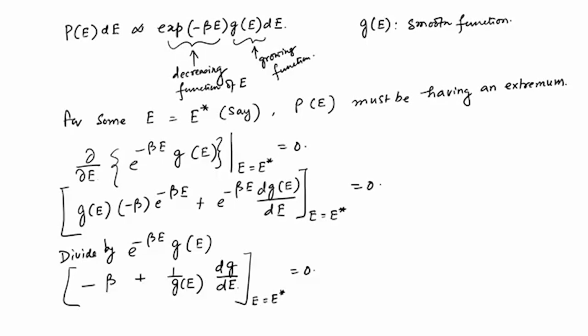If we simplify this, just take the beta to the other side, what we get is that del/del E of log of g of E, evaluated at E equal to some E star, which extremizes this function, is equal to beta, and recognize that S is equal to k log g of E.